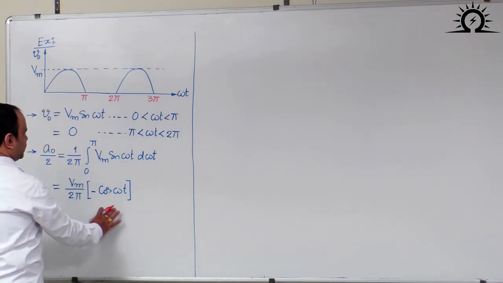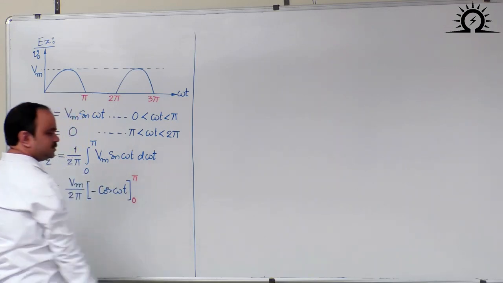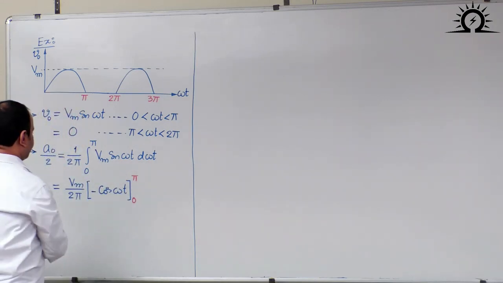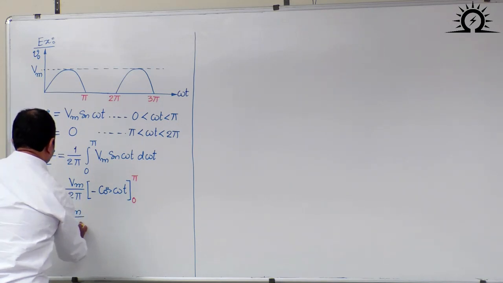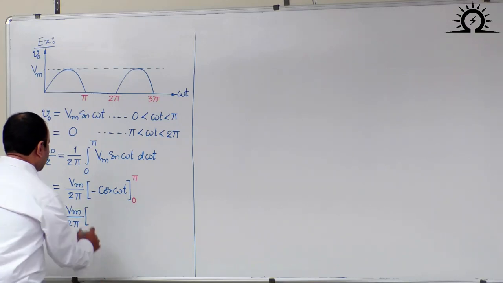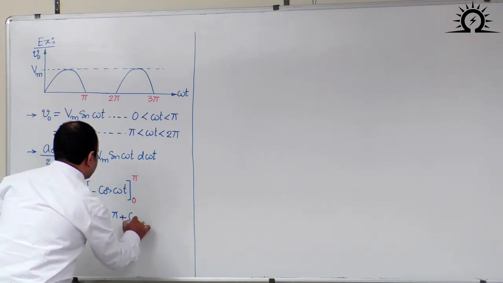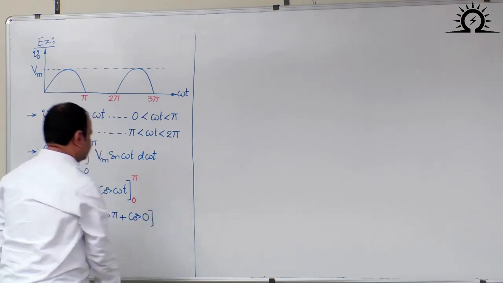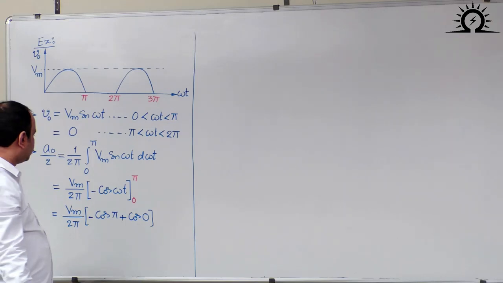That is minus cos omega t, limits from 0 to pi. So this value is Vm by 2 pi, upper limit is minus cos pi, lower limit is minus of minus plus cos 0.